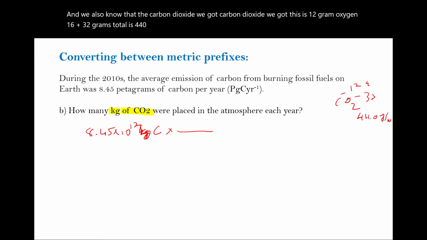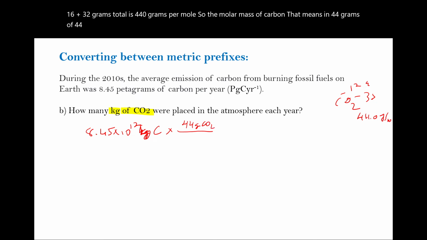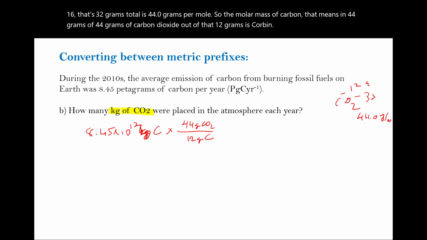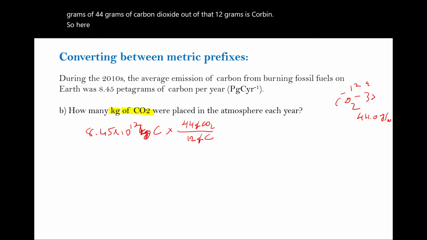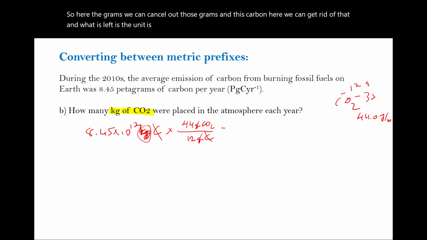So in 44 grams of carbon dioxide, out of that 12 grams is carbon. So here we can cancel out those grams, and this carbon here, we can get rid of that, and what is left is the unit kilogram here.